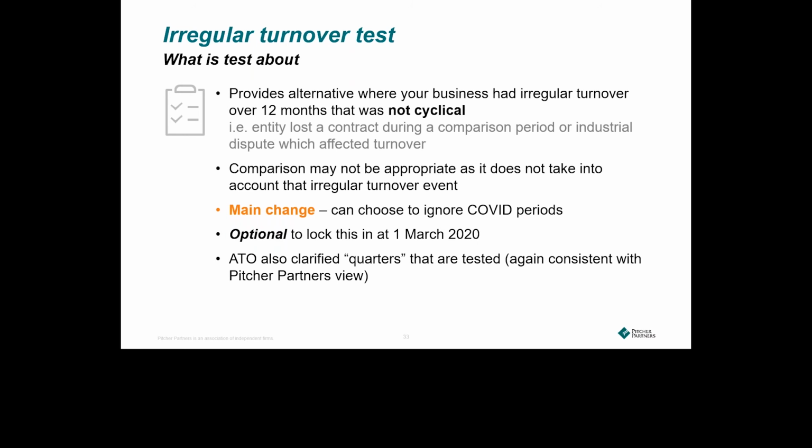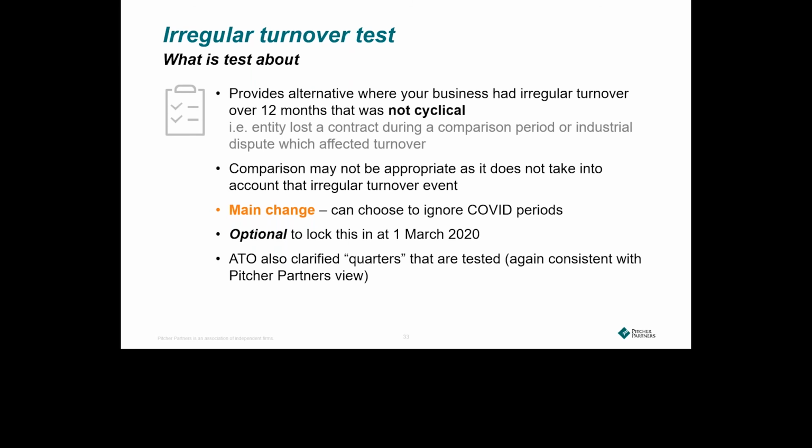Thank you, Chanel. So I'll just recap again what the irregular turnover test is about. Essentially it allows you to smooth out an entity's turnover over a 12-month period where it may otherwise be lumpy in nature. So it might be unusually low in the 2019 comparison period, that's the September 2019 quarter, for instance.